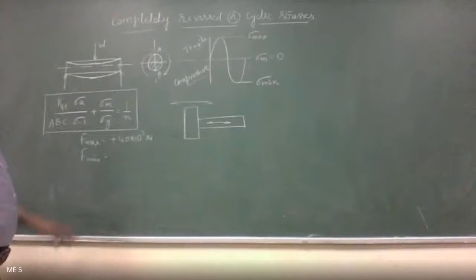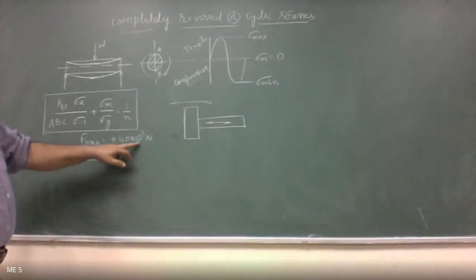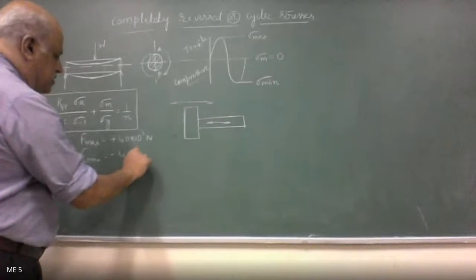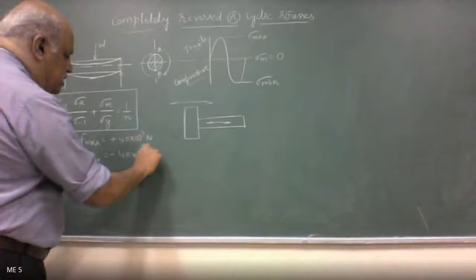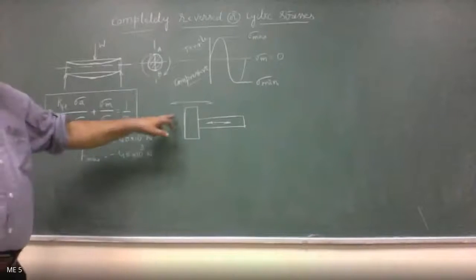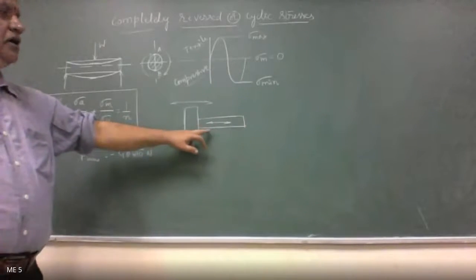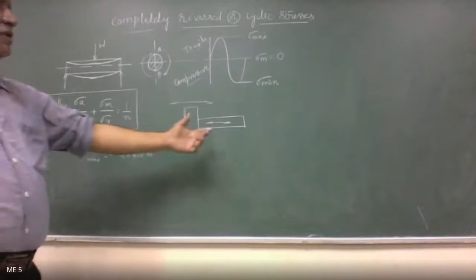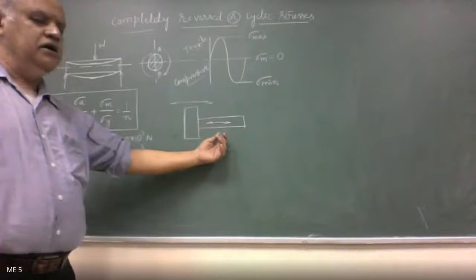So the load varies from a maximum of 40 kilonewton to a minimum of minus 40 kilonewton. Alternately it is subjected to tension and compression, so it is a completely reversed case.